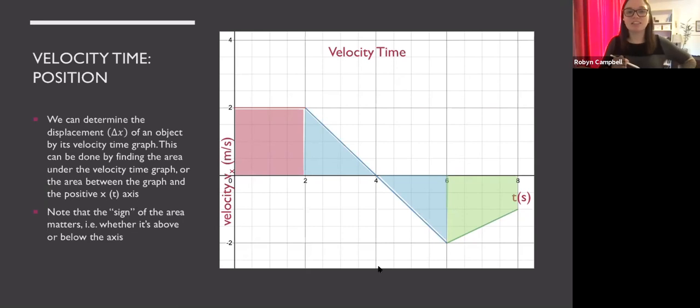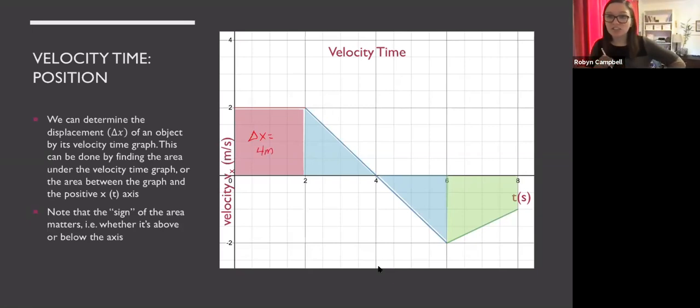So you're looking for the area between the velocity time graph and the t-axis. So for example, between 0 and 2 seconds, my displacement, my delta x, is just going to be this pink area, right? So it's going to be 2 meters per second times 2 seconds, which is 4 meters.